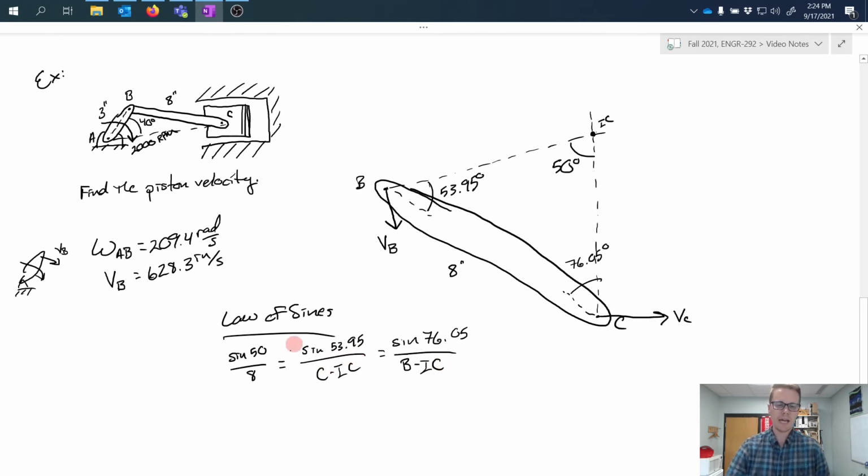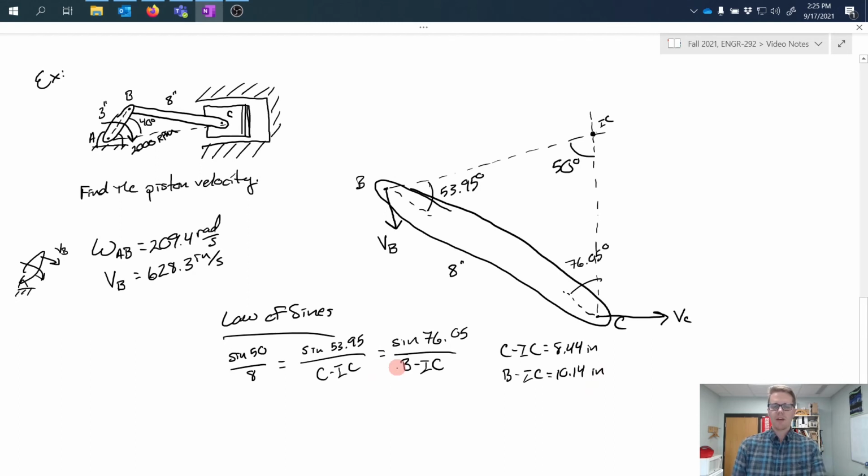And I can solve each of these by rearranging and solving for these lengths, and I get that the first one here, CIC, is 8.44 inches, and BIC is 10.14 inches from these equations.